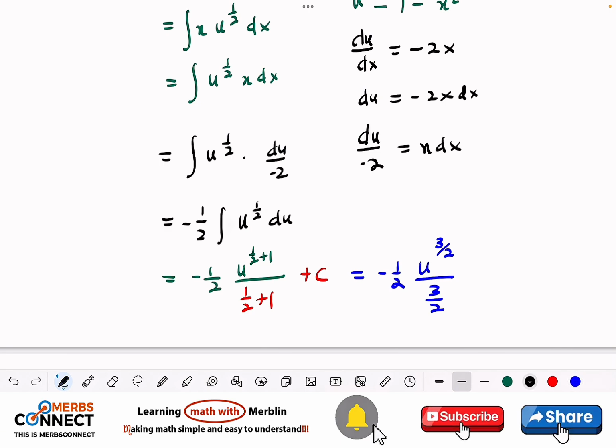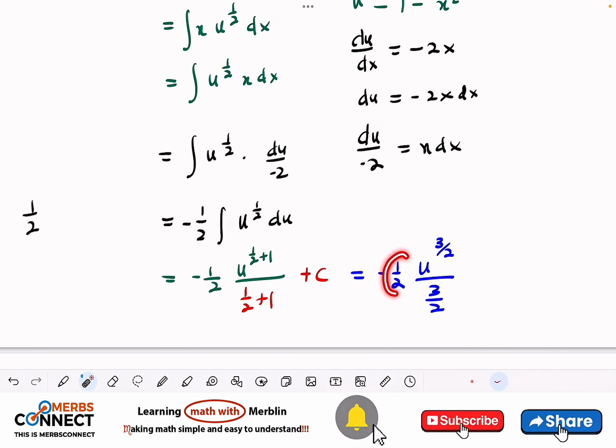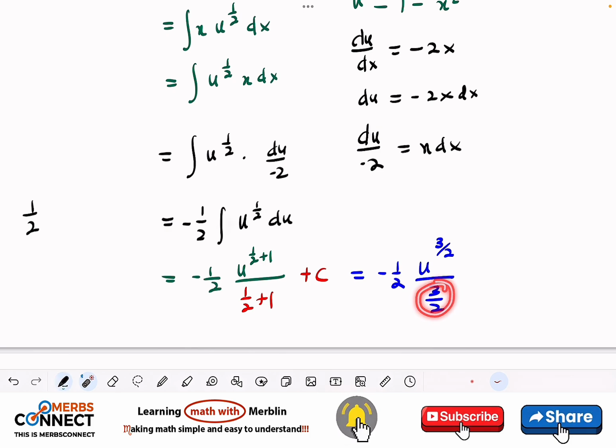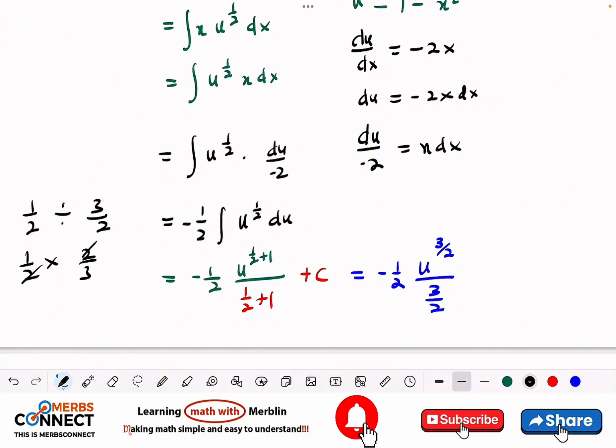Now let's look at something here. I have 1 over 2 here and this one here. So I have this 1 over 2 divided by 3 on 2, and this is 1 over 2 times 2 on 3. So the 2 cancels the 2, so I'm going to have 1 over 3. So this is going to give us minus 1 over 3.